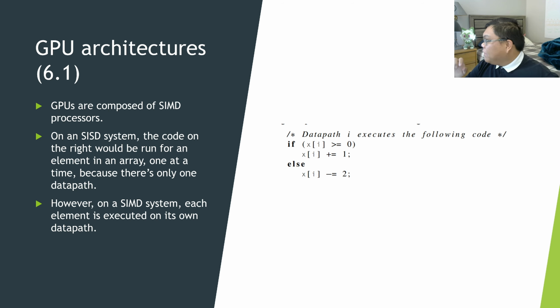So in theory, instead of having to do each element one by one, and our calculation will take something like big O of n time, in theory it will be something like the time it takes to do one calculation plus the overhead of parallelizing the program in the first place. So on an SIMD system, each element is executed on its own data path.